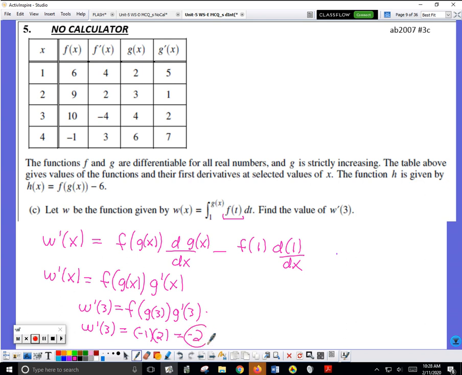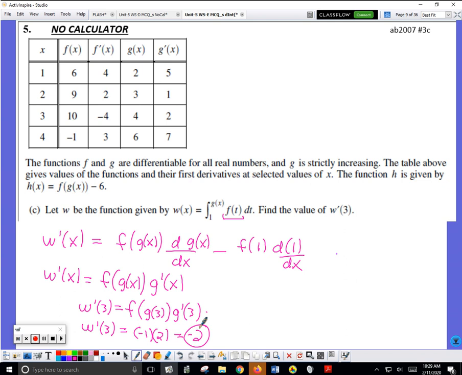You don't let the problem intimidate you. Just follow the rules. Kate asks: did they put that little equation h of x to trick us? Good question. You want to make sure you understand calculus, but you also have to get good at understanding the test, like the right habits. This is an FRQ.